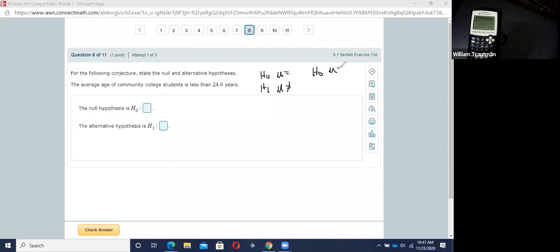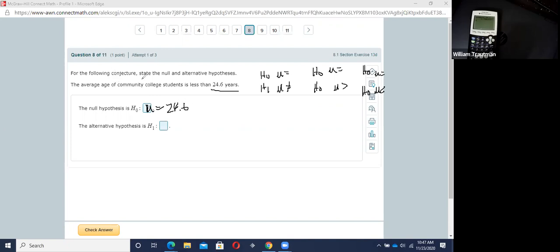H0, the average equals; H1, the average is greater. H0, the average equals; H1, the average is less than. I know this is going to be our average equals, and in this case, we're dealing with 24.6.